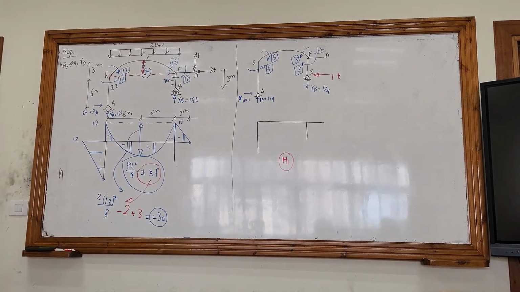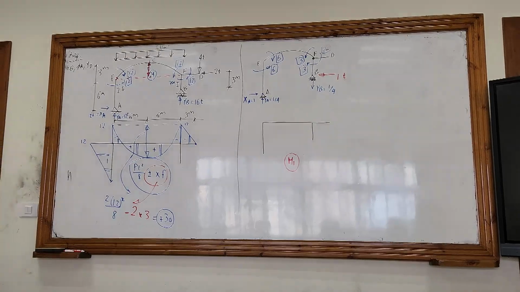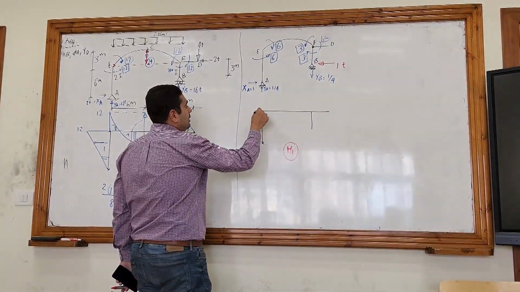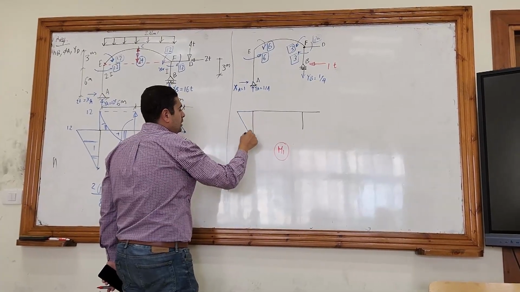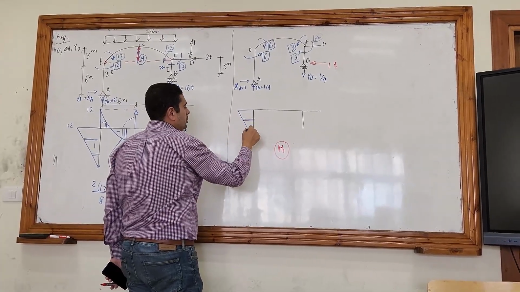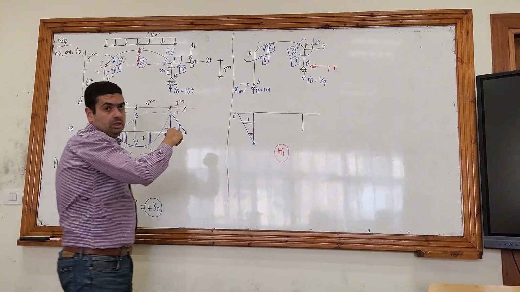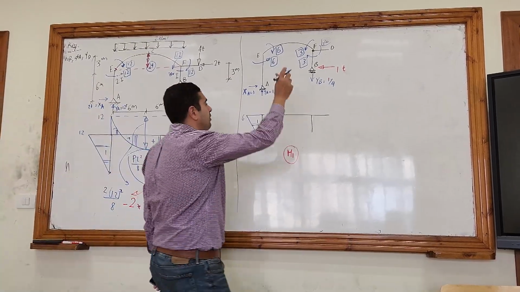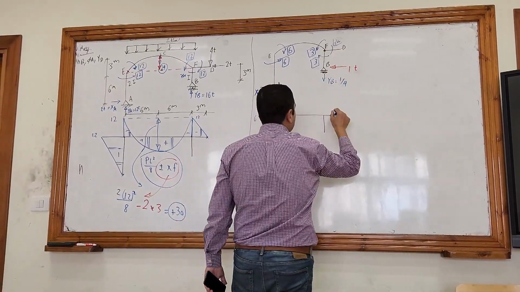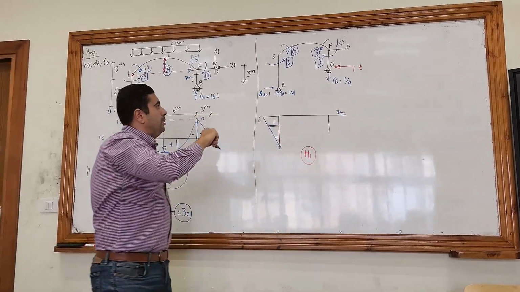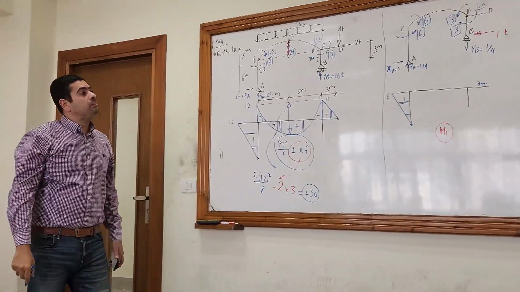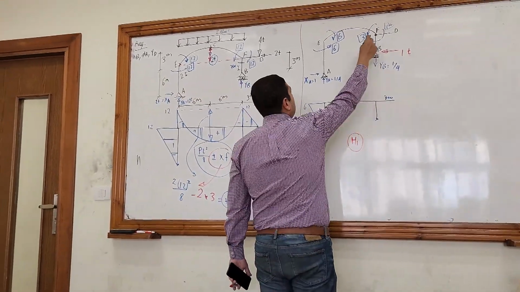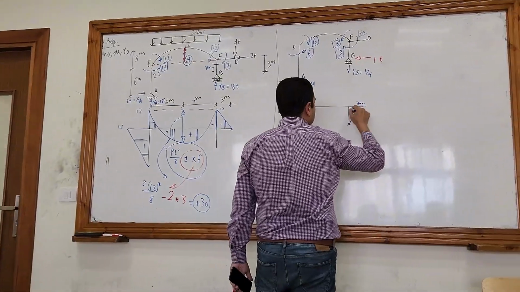Okay, let's do the bending moment. Let's start with the member EA. The moment at A equals 0. The moment at E equals 6. And then a straight line, no distributed loads. The member FD, the horizontal cantilever FD, 0 and 0, so no moment. The vertical member FB, the moment at B is 0, the moment at F is 3 in this direction.